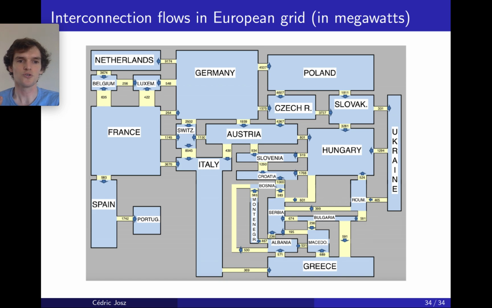And what's interesting is that you don't really control the flows, much like lightning just follows the most conductive path. This is exactly what happens in the electric grid. If France wants to trade with Germany, it doesn't get to choose where that trade is going to happen. You see that there's direct trade between France and Germany, but there's also a bunch of trade that is actually going through other countries, such as Belgium, the Netherlands, and Switzerland.